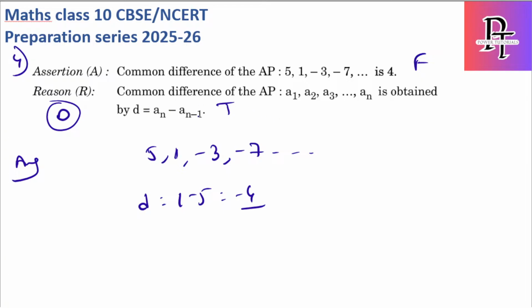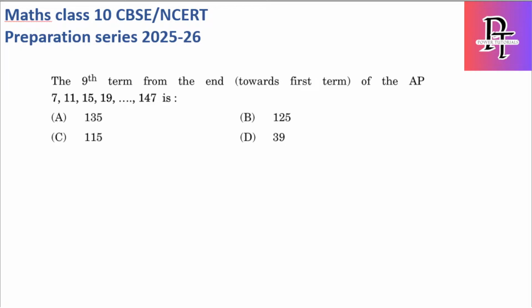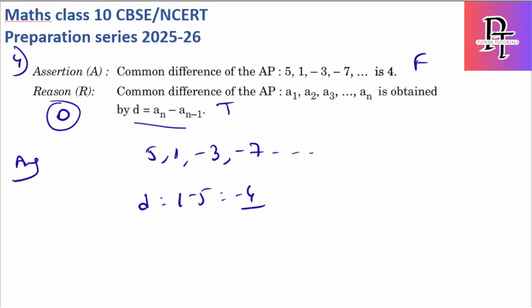The common difference of an AP is obtained by d is equal to an minus an minus 1. Yes, this is true, as per our previous year concepts. Also we understand that in an assertion reason question we have only 4 options: both are true with correct explanation, both are true with wrong explanation, A is true and R is false, R is true and A is false. So definitely the option where both are false is not there, so no need to think about R if you found that A is true.